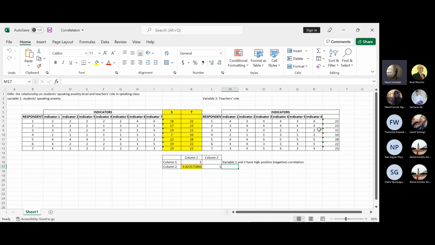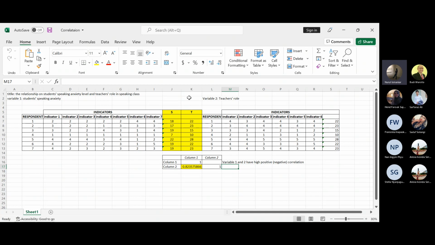For respondent 1, I got 22, and the second respondent's cumulative is 23, the third is 15, the fourth is 10, and the next is 28, the sixth respondent is 22, and the last one is 23.